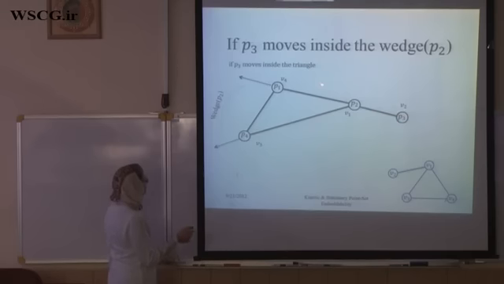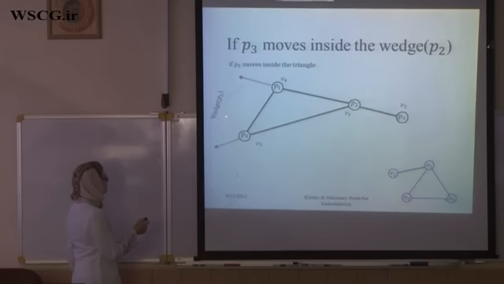If P3 lies outside this wedge, then we have our desired structure here of a triangle with the missing point outside. I also need to require P3 is outside this wedge, because if it were in here, then I'd have an edge crossing, which is not what I want.